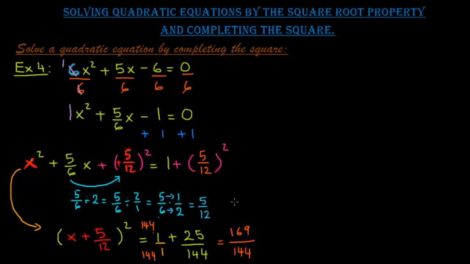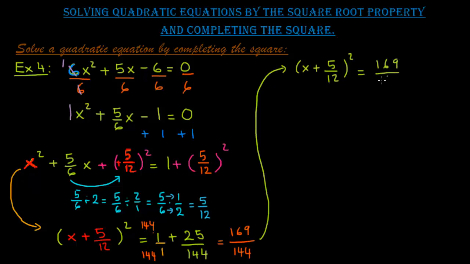Okay, let me bring this problem up here and keep solving. So x plus 5 over 12 squared equal to 169 over 144. To solve this one, we need to get rid of the square, so we have to take the square root on both sides.